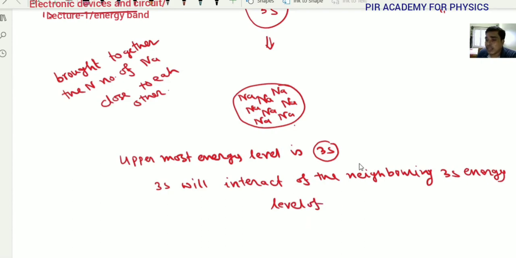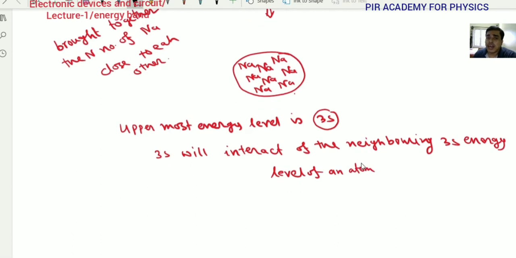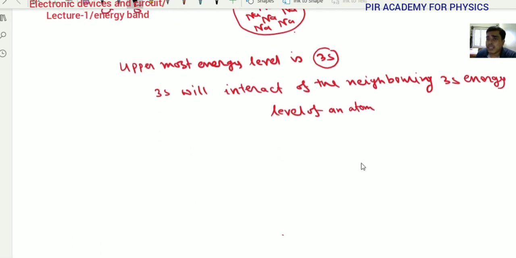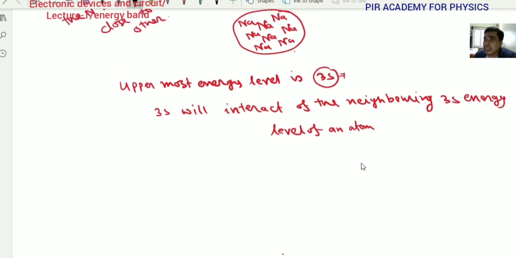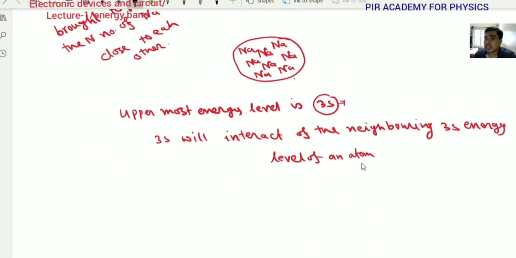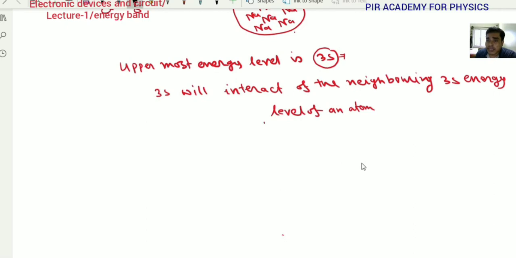That means the uppermost energy level 3s are interacting with each other. The 3s energy level of each atom will interact.